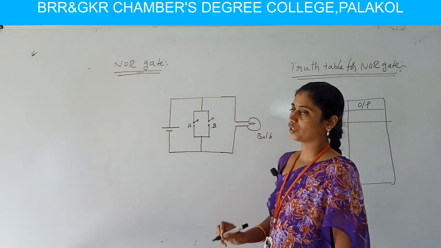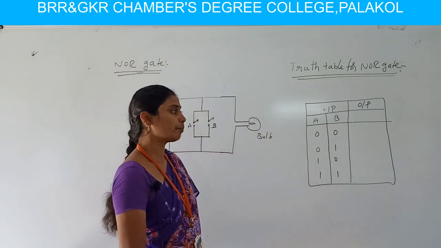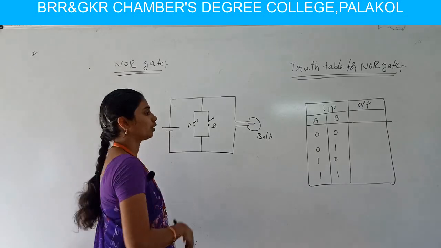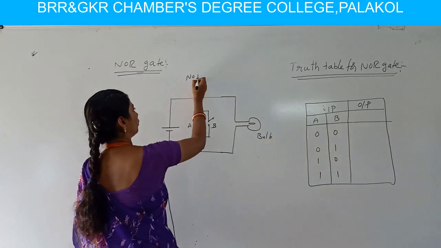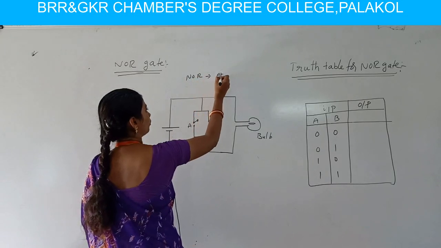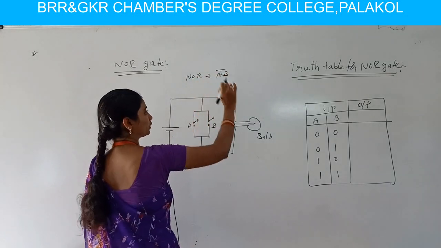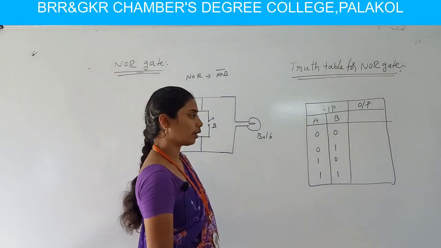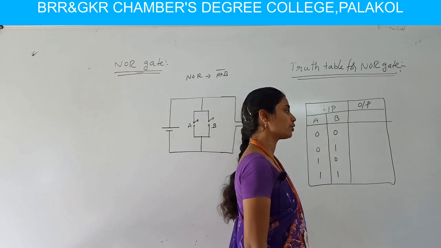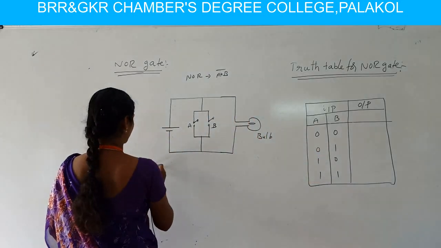The operation of NOR gate: we know OR gate is A plus B, and NOR is A plus B whole bar. So first we do the OR operation. We explain this as 4 cases.